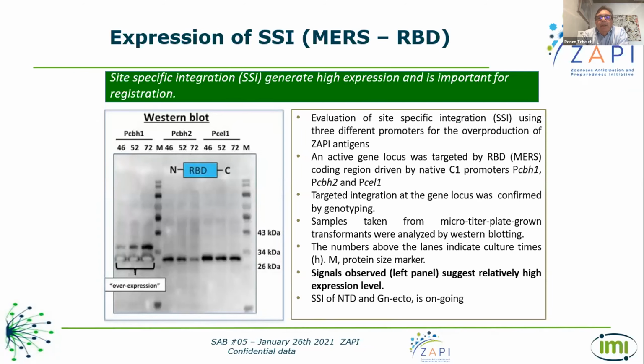Here you can see a 24 well plate expression. And as you can see here, different promoters generated different expression levels. But still, with the CBH1 promoter, we could see a very high productivity, which, at least on this gel, was overexpressed.